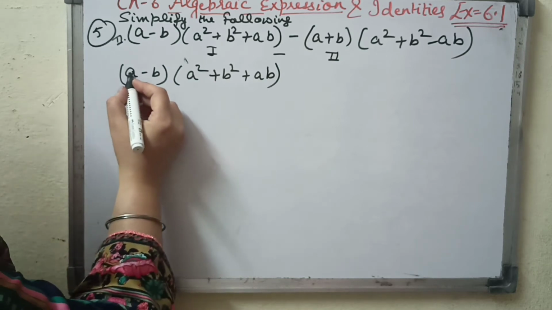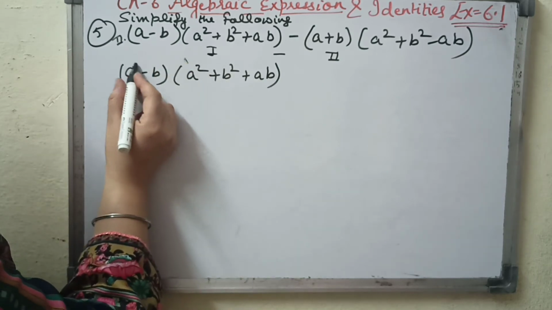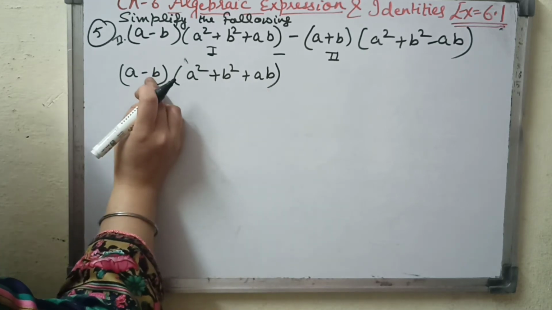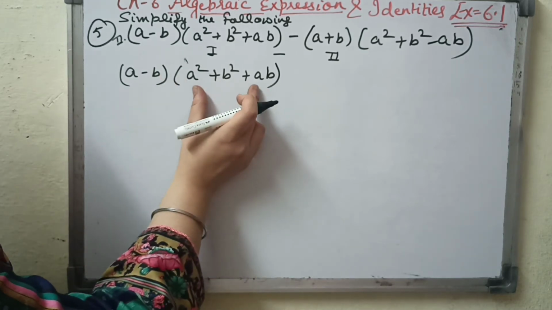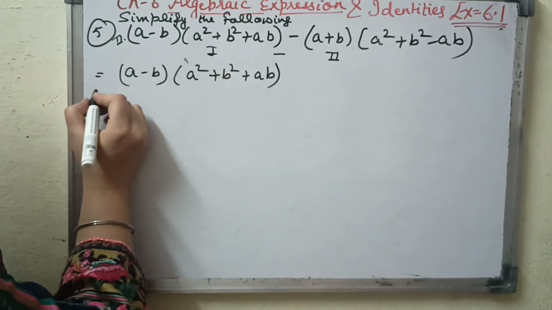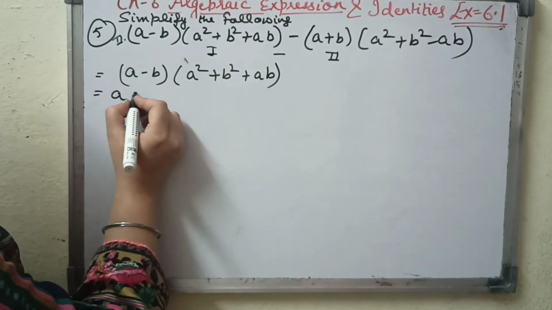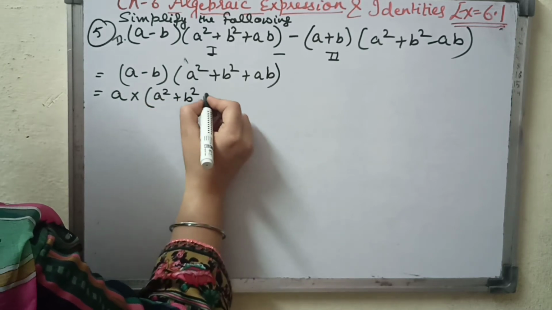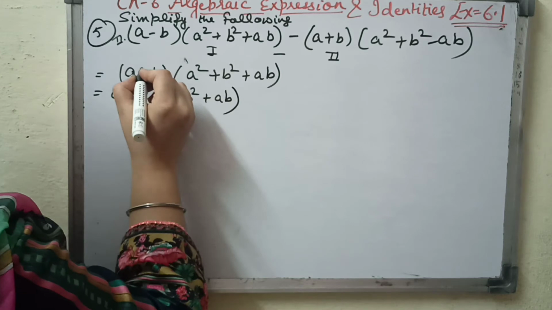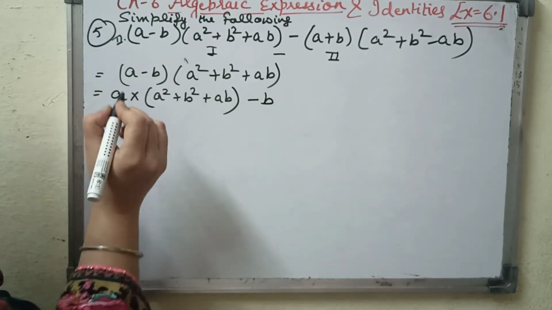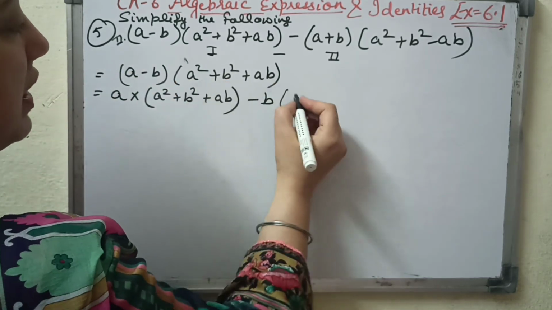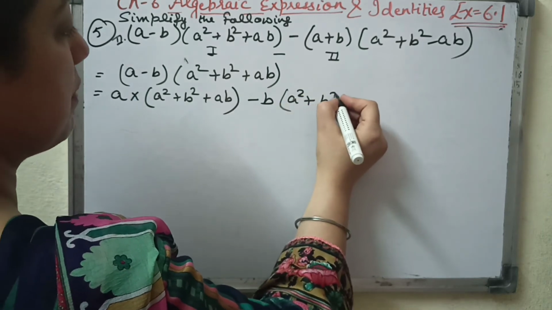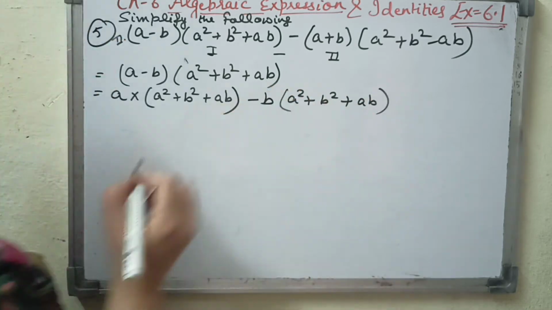When I multiply binomial with the trinomial, we multiply each term of the binomial with this bracket. Then I take the second term of this binomial and multiply it with this bracket. Look at how. A, first of all I multiply a with the whole bracket, a square plus b square plus ab. Then take the second term, that is minus b of the first bracket, and multiply with the whole bracket of the second term, that is a square plus b square plus ab.